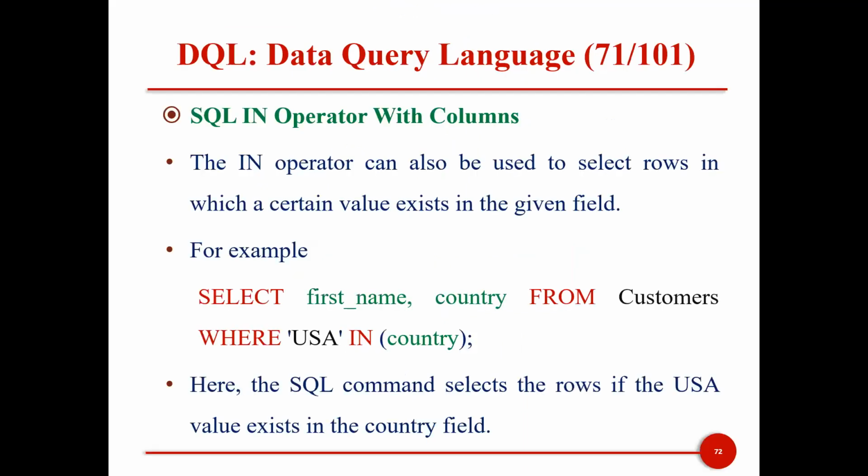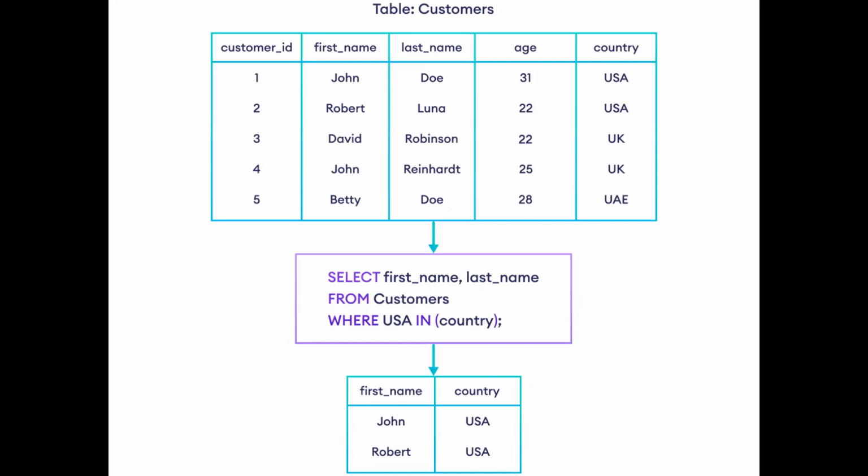Then we have also the SQL IN. There's another example. You can also use this other format here. It will still display for you, like where country is USA, you find it in a column called country. It will still display for you the same results.